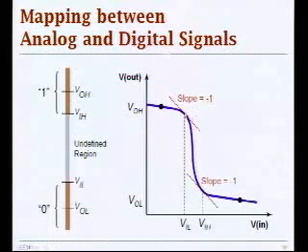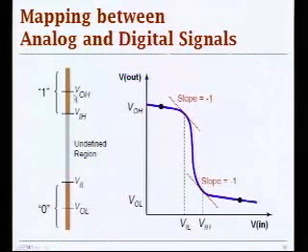And the reason for that, as we saw, was that the gates with good noise properties have regenerative property, which means that if you apply any voltage signal in this bin between VIL and VIH in a chain of gates, you will be able to recover close to your nominal values. And in order to be able to do so, you have to have a gain larger than 1 in this undefined transition region.